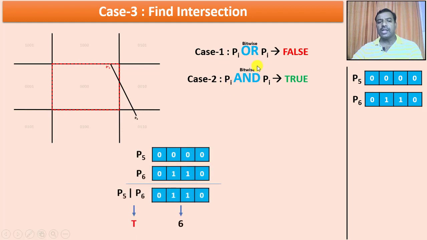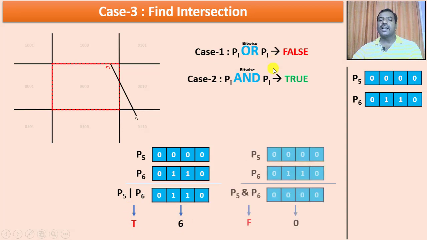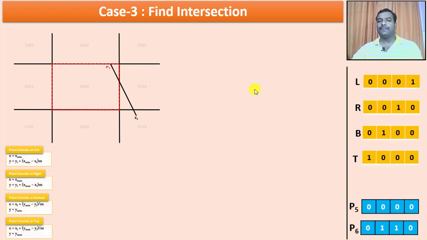The code is 0000, and I'm going to perform the bitwise OR operation, which is going to give me 0, which is going to be true, and the case 1 fails. In case 2, I'm going to AND and end with 0, and it's going to be false. Even case 2 is going to fail. And now I am at case 3.